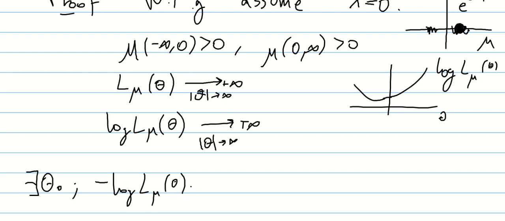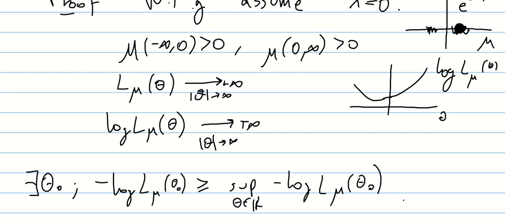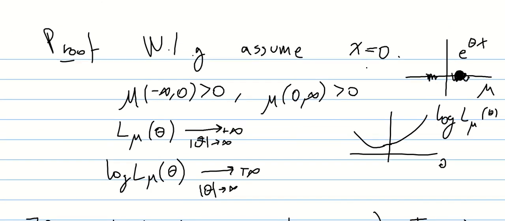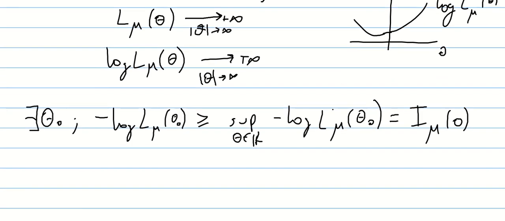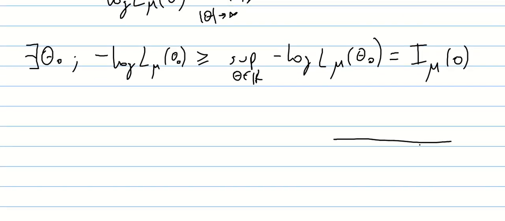minus log of L mu of theta 0 is bigger or equal than minus log, or the supremum over theta of minus log of L mu of theta. Which, by the way, if you remember, this is I mu of 0. So we are assuming that 0 is the point where we want to find the deviation.